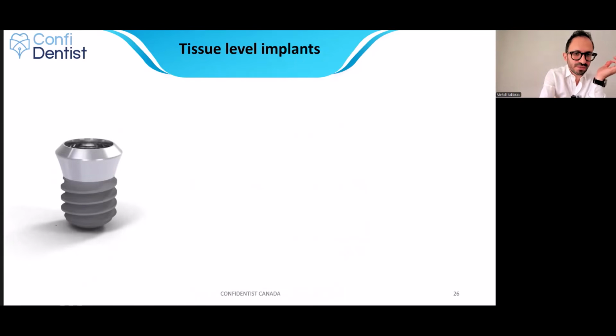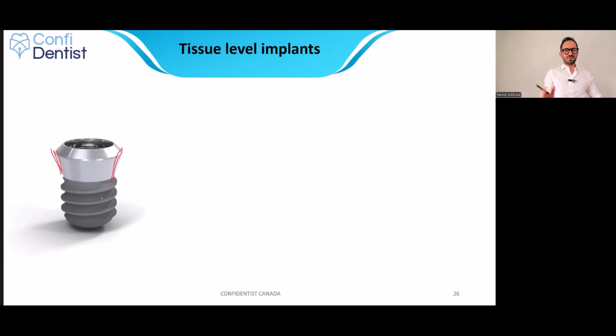So this is the short tissue level. Look at here. This is the smooth collar, very, very smooth, absolutely no irregularity, has this emergence. Why do we have this emergence in the smooth collar? Do you know why?